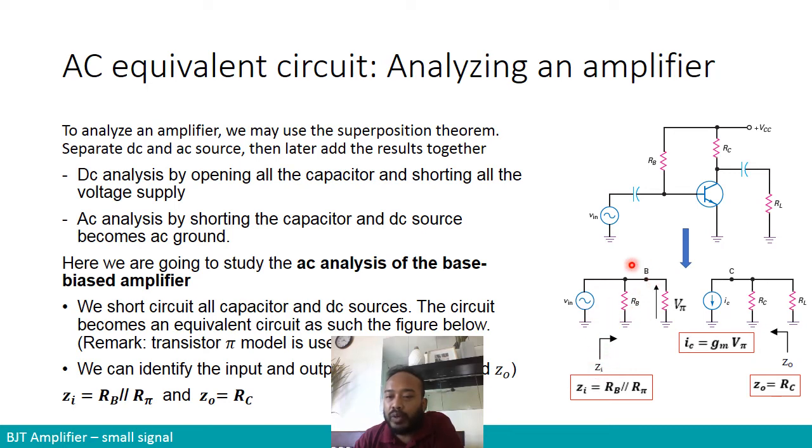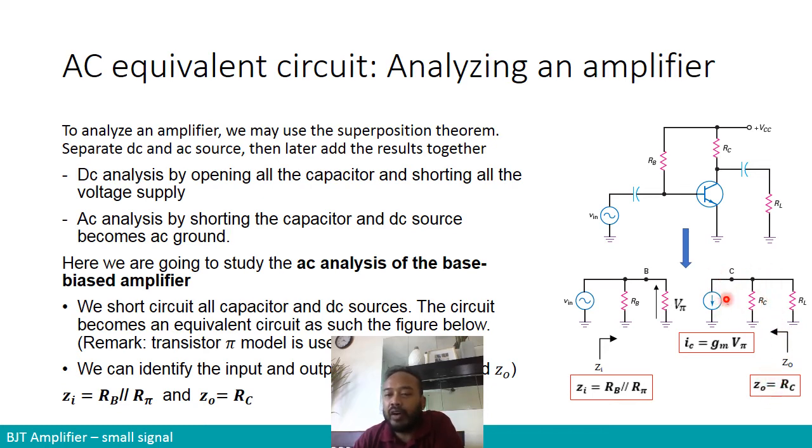So we have basically two resistors, RB and R pi. RB in parallel with R pi is the input impedance, right? And for output impedance, of course, we separate RL, because RL is the load, not part of the amplifier. So output impedance is only RC in this method.